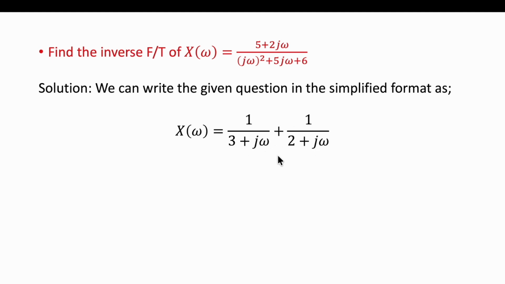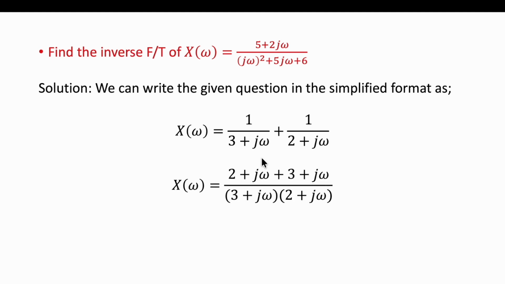If you further simplify, take the LCM of these denominators, multiply 1 with (2 + jω) and 1 with (3 + jω), and this simplifies to that one. You can see this equation and this equation are the same, so you can apply the previous properties from time domain to frequency domain.